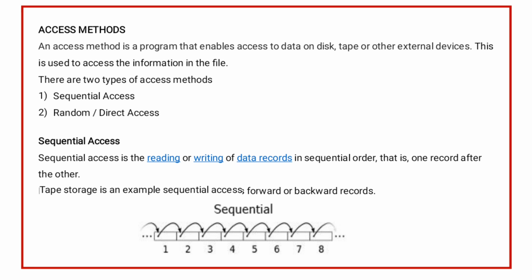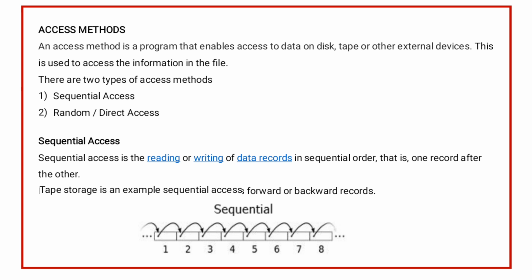Now we discuss in detail sequential access. Sequential access is the reading or writing of data records in sequential order, that is, one record after the other. In the sequential access method, a program skips forward or backward records.